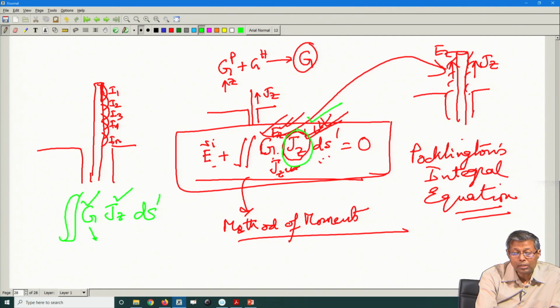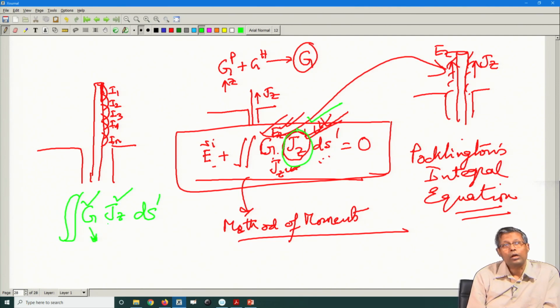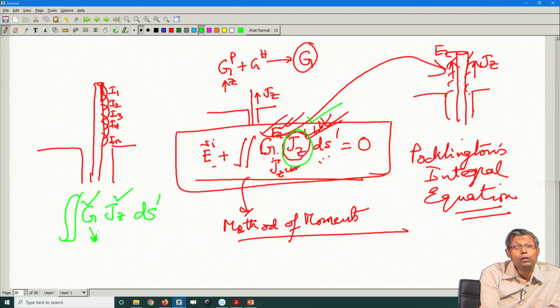This Green's function is a summation over all the modes, as I told you earlier. So, if I am interested in one particular mode, I can stop the summation in the Green's function and make it applicable for only that mode and find out the radiated field due to that particular mode.